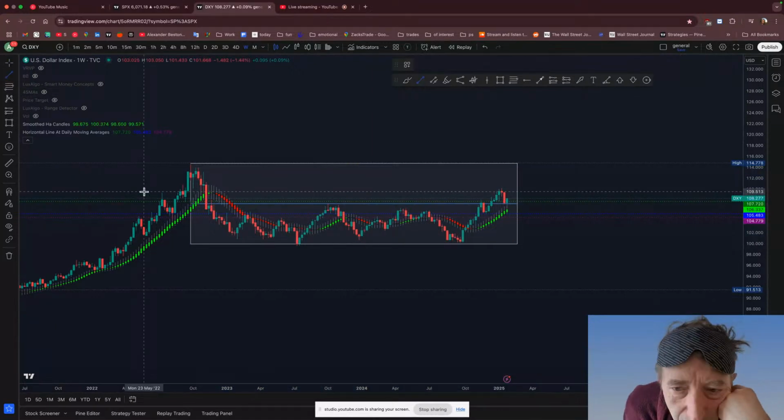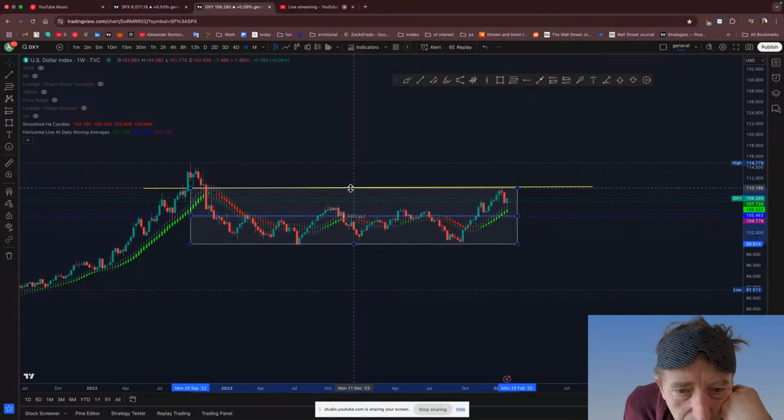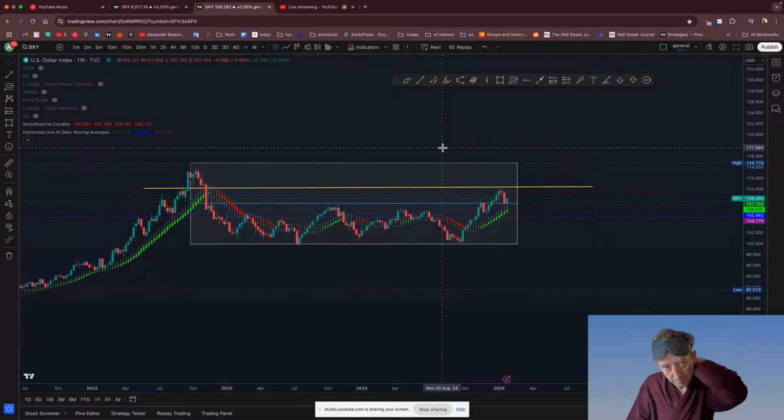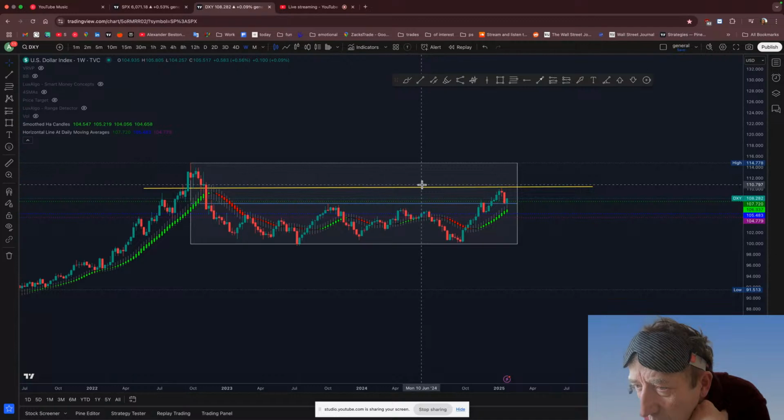Let's take that in line. That's actually where it was before. Yeah, so actually here. But we'll include that one there, maybe it will go back up to this level of 114.